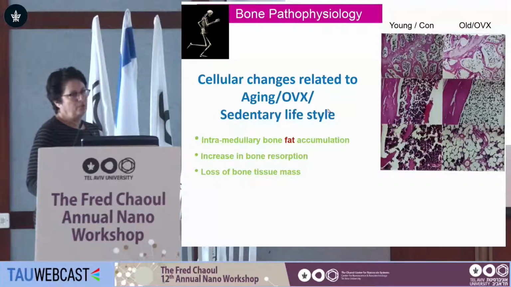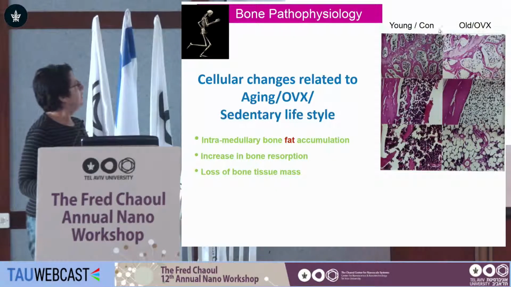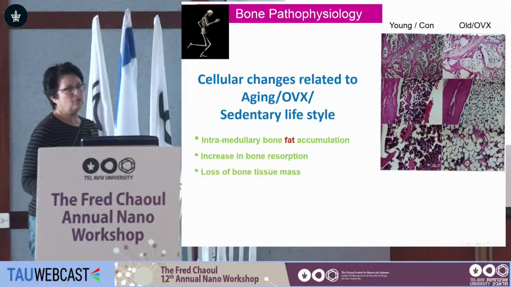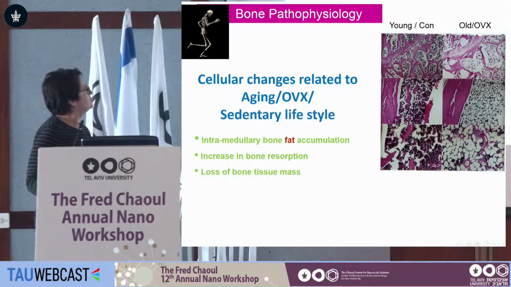We have the same phenomenon in the bone. It also happens in young versus old animals, or in a model of ovariectomy, which means losing the control of estrogenic hormones. We get more adipose cells in the bone marrow.